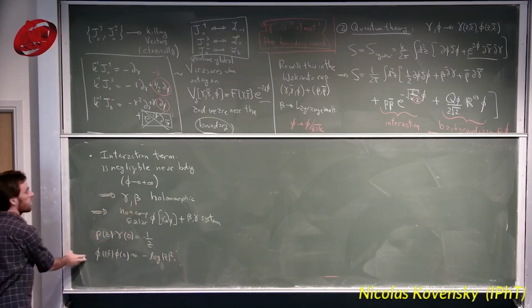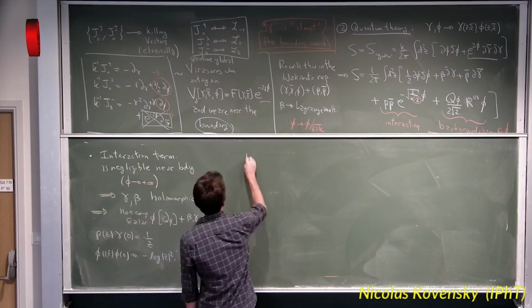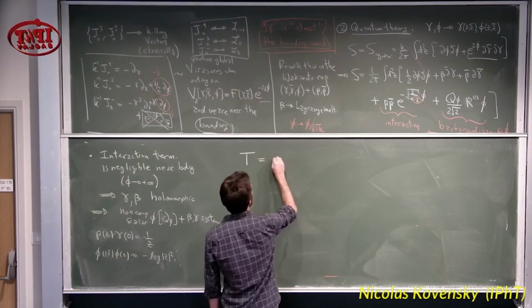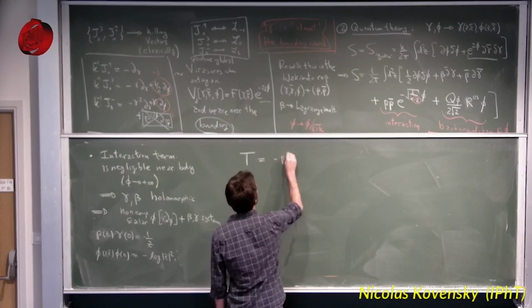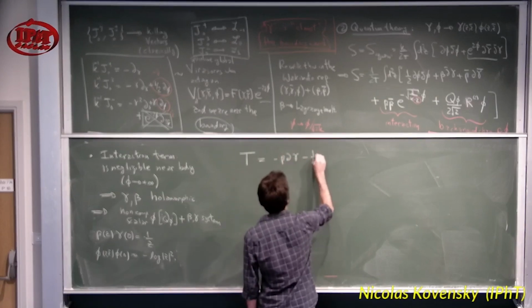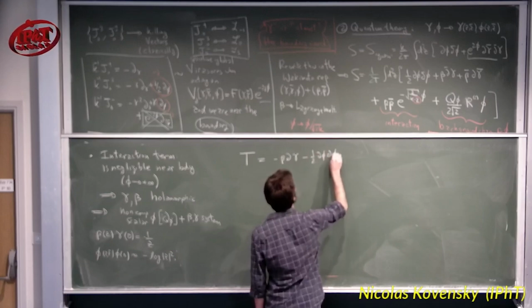And just by looking at this simple system, you can compute what the energy momentum tensor is, and you get minus beta partial gamma minus 1/2 partial phi squared.